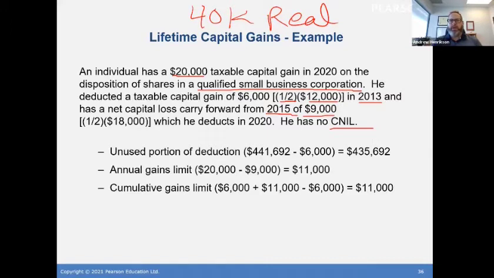So our annual gains limit is going to say, hey, what gains do we have in the first place? Taxable. The next part to this trick is that we have a net capital loss carry forward, right? 9,000. So we deduct that in 2020.